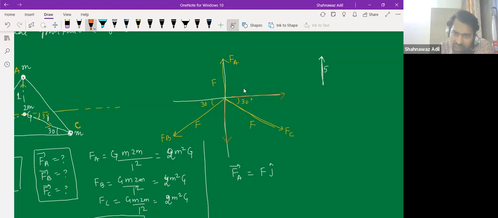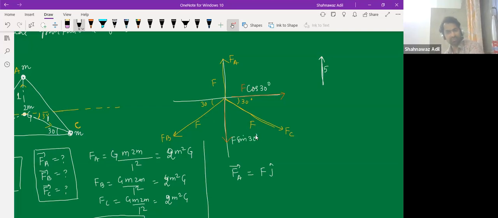So FC will have F cos theta, which is F cos 30, and this is F sine 30.